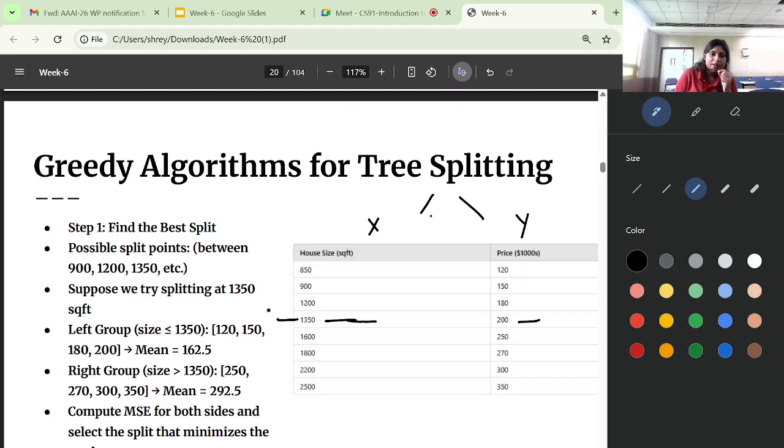So this will be bin 1, this will be bin 2. Here the values are 120, 150, 180 and 200. The mean of these values is written here, 162.5.